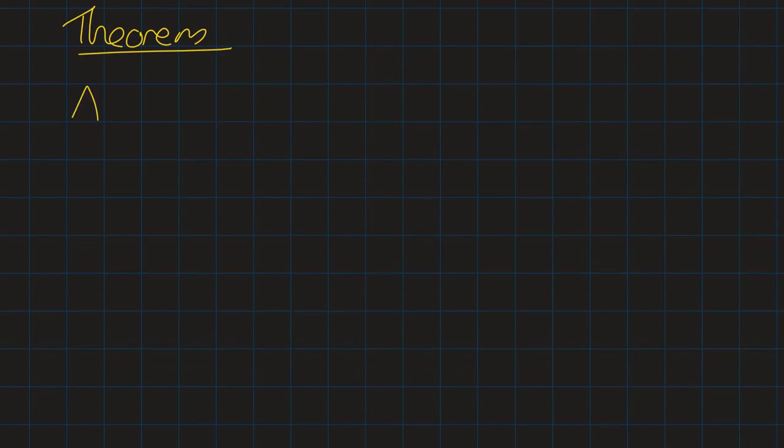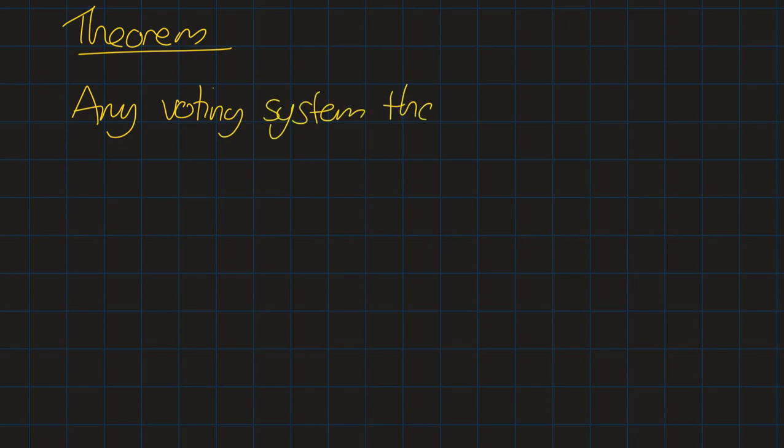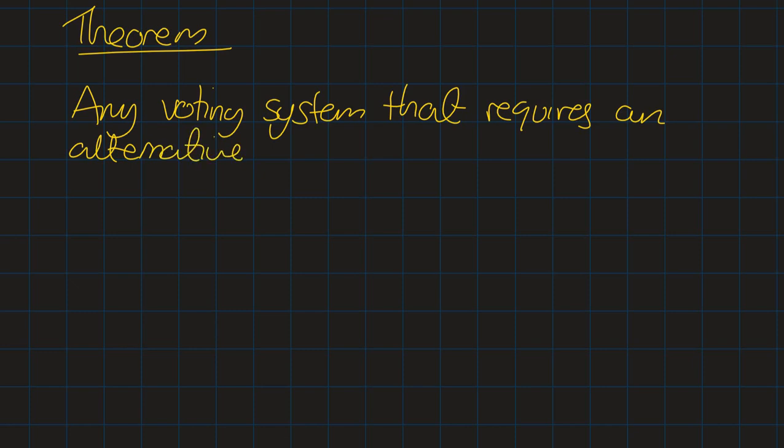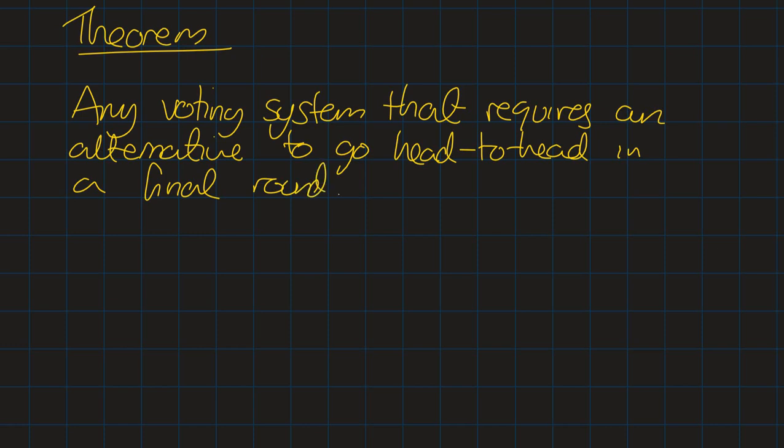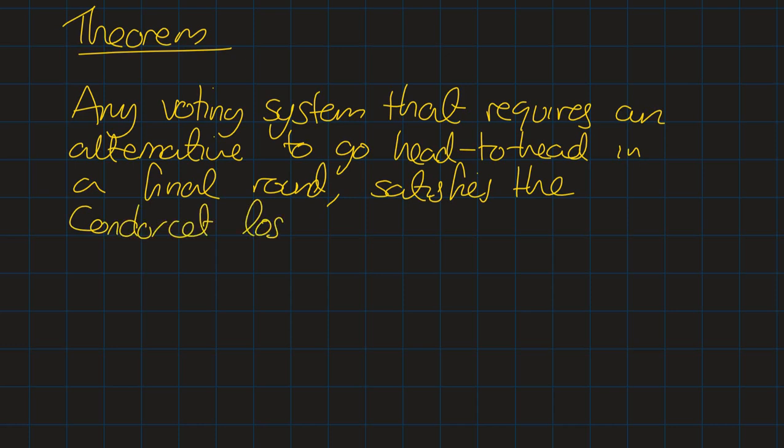Any voting system that requires an alternative to go head-to-head in the final round satisfies the Condorcet loser criterion.